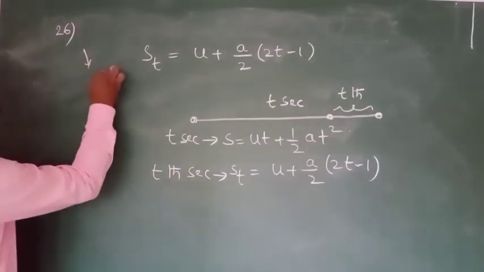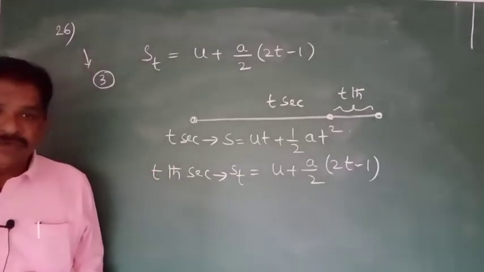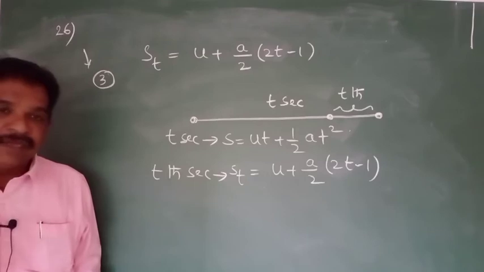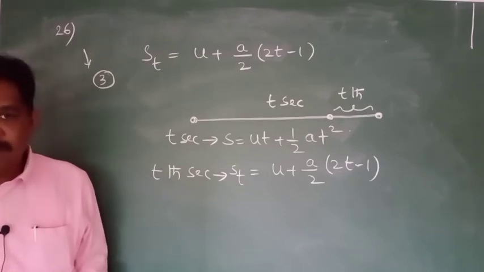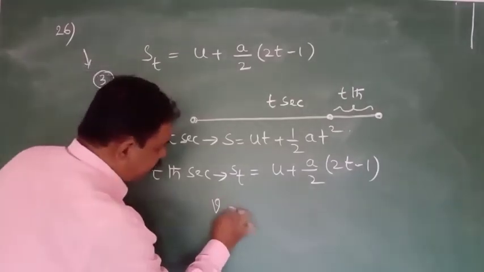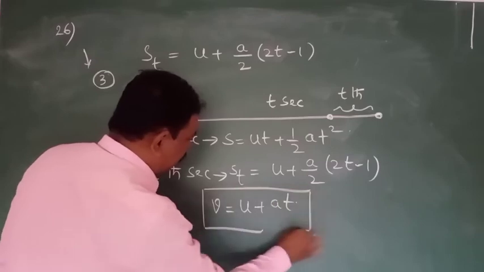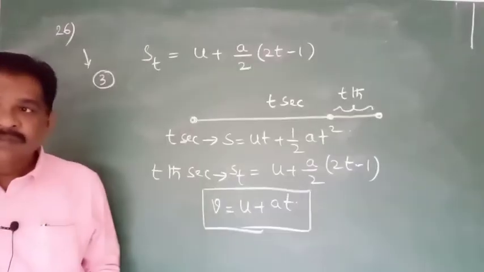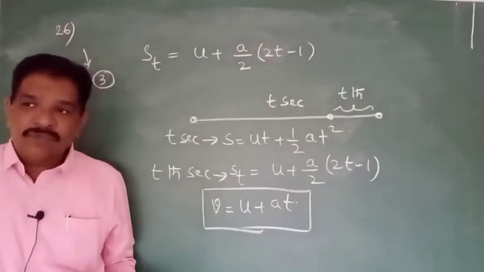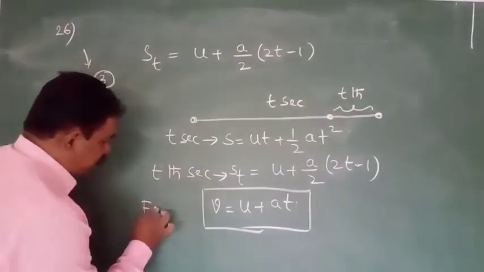When we are using a particular formula, that formula is definitely numerically correct and dimensionally correct. The point is, I am using the formula v is equal to u plus at, or s is equal to ut plus half at square, or F is equal to ma.